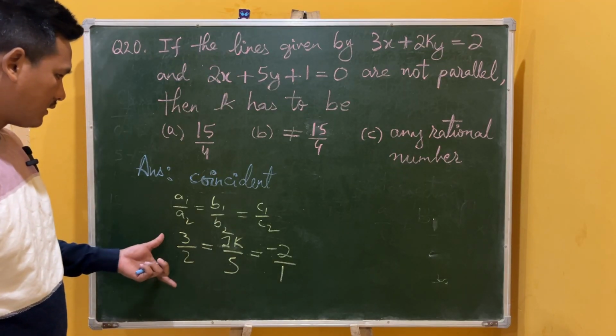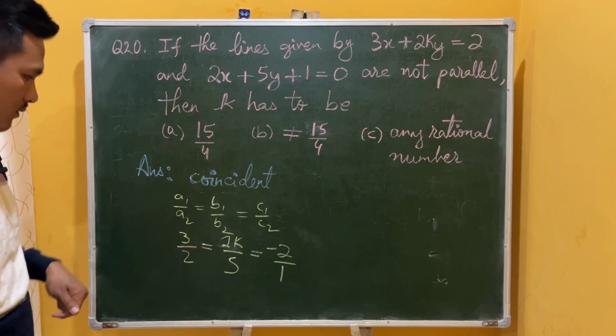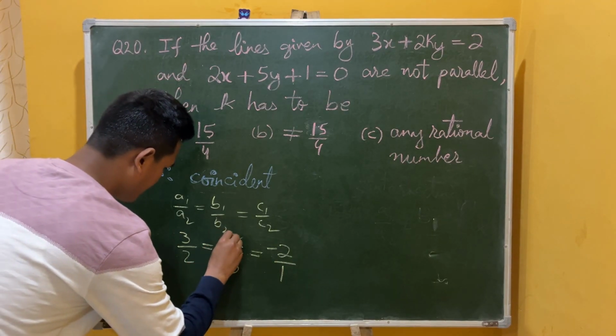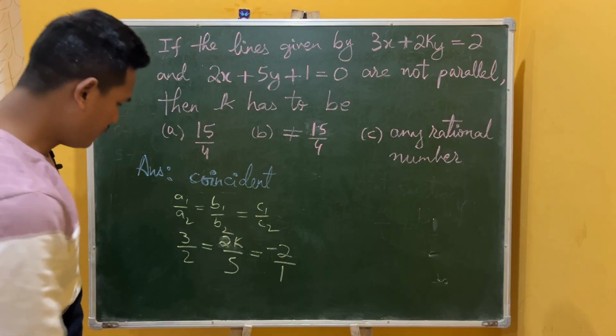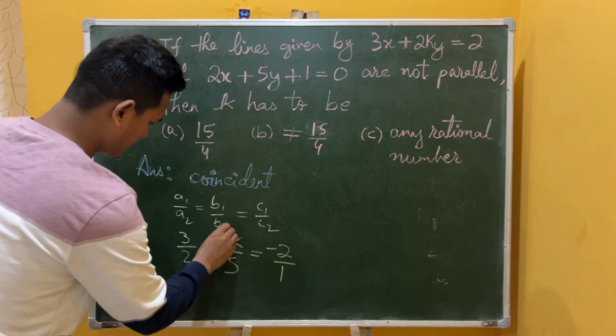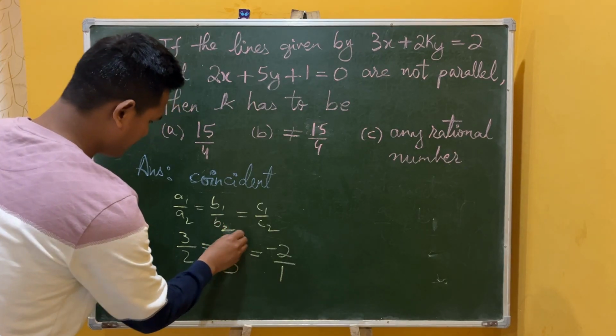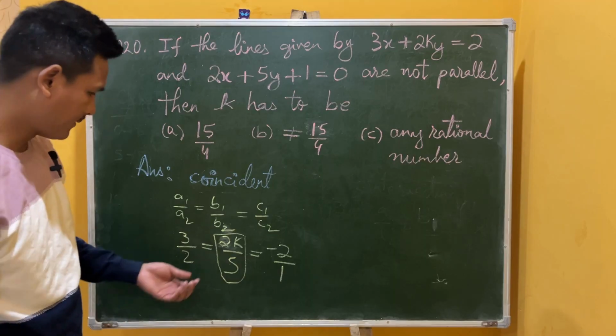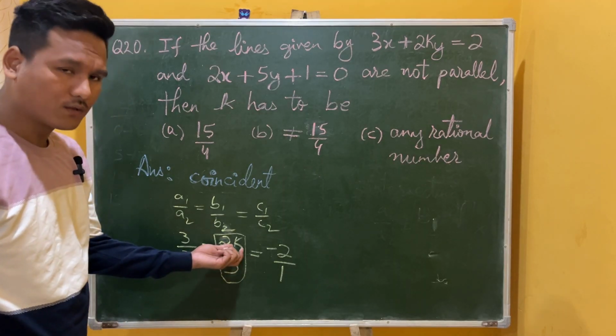So, are the lines coincident? No. Let me tell you how and why. Looking at the middle term, you cannot say whether it's coincident or intersecting because we don't know the value of k.